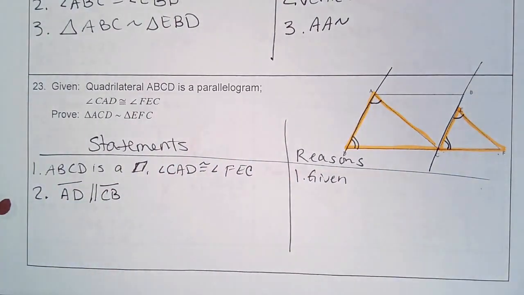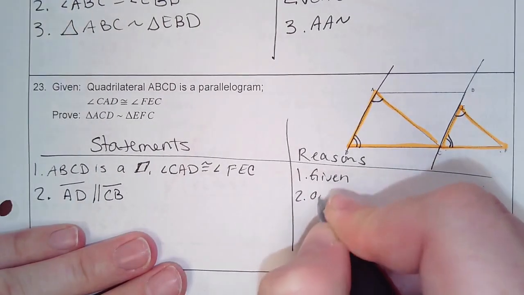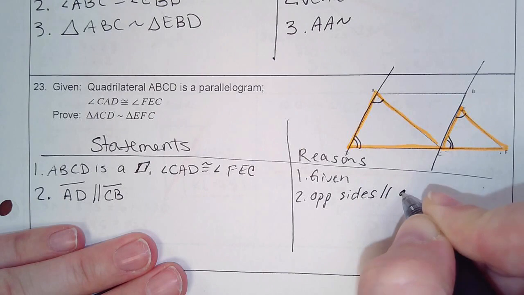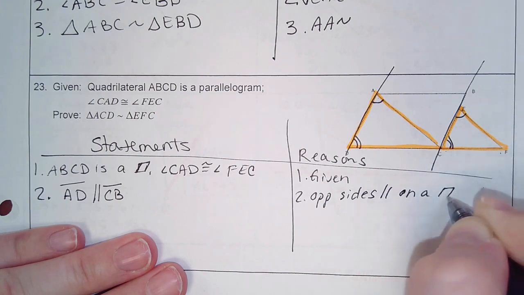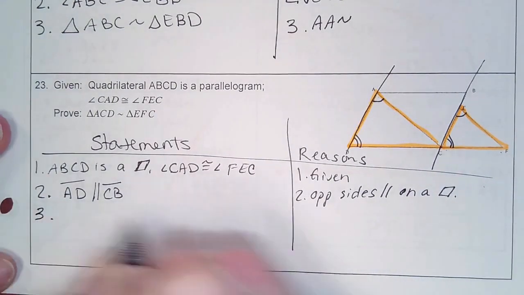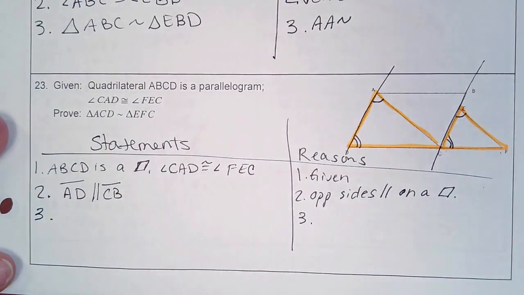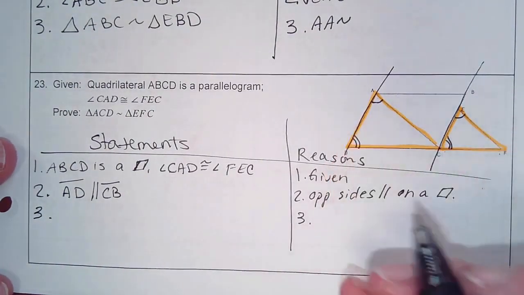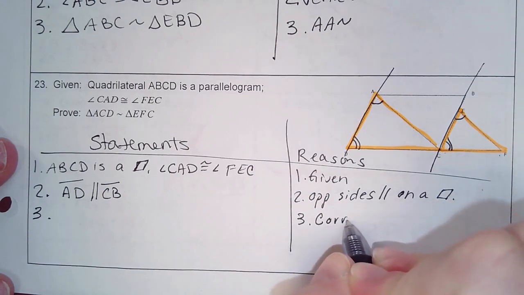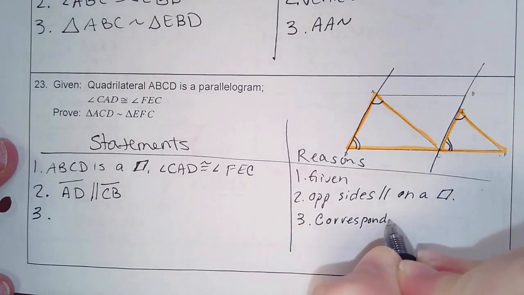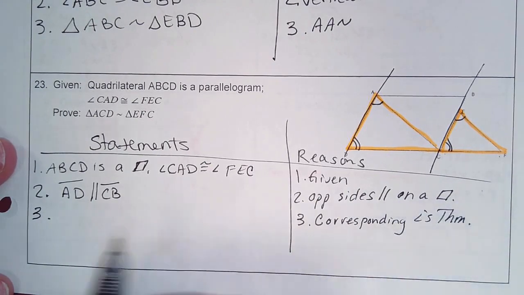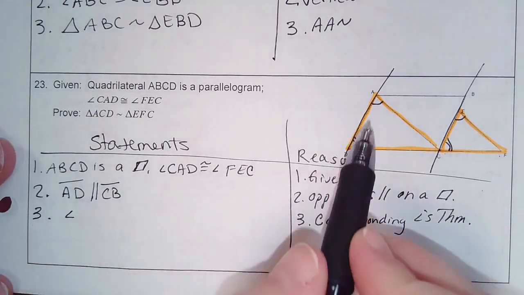Why do we know that? Because opposite sides are parallel on a parallelogram. Step 3, saying that these two angles are congruent through corresponding angles. So I'll use 3 letters.